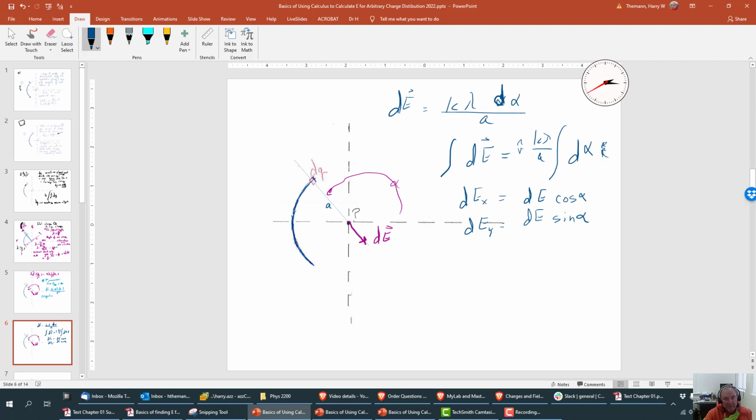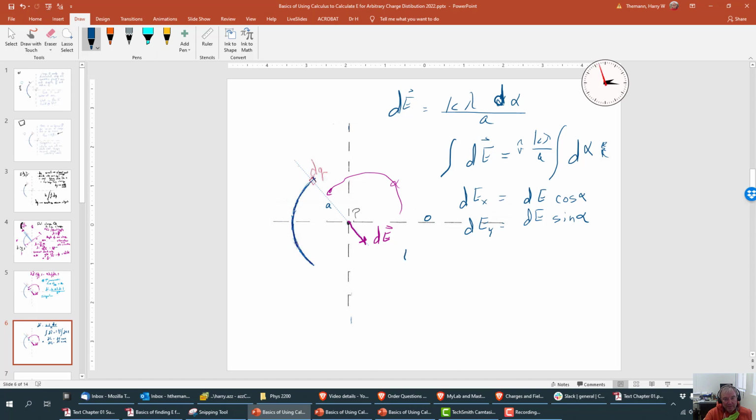Also notice that if we do it all this way, there's no absolute value signs, and we have to remember to define alpha in this way. That will take care of all the plus and minuses for us.